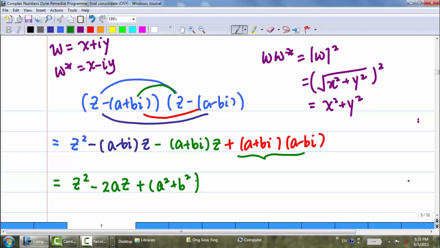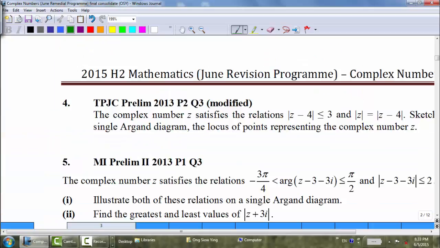So we proceed from where we stopped previously, that is this part here.